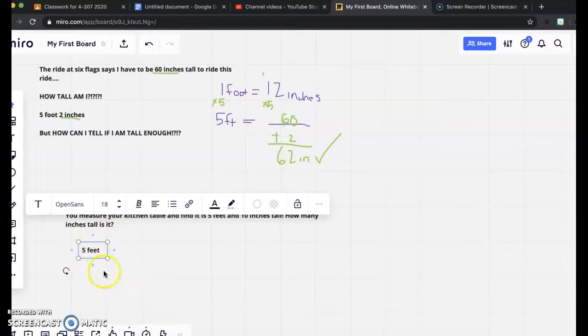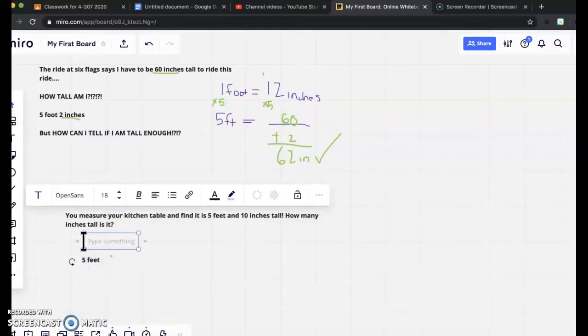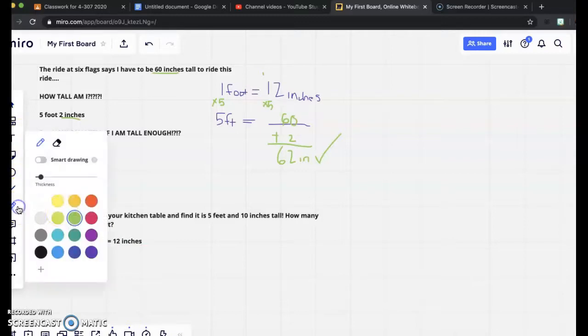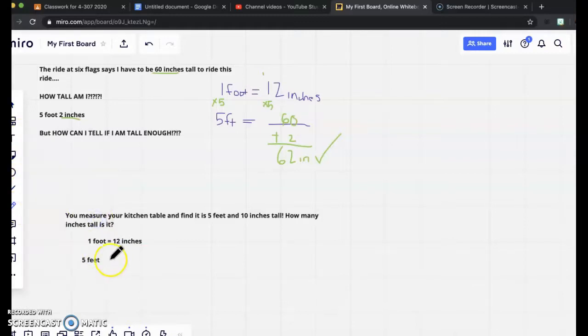And we know that 1 foot is equal to 12 inches, right? And we have 5 feet, and we need to know how many inches that is equal to. And then when we get that, we have to add plus the 10 inches. And then we will get our answer.